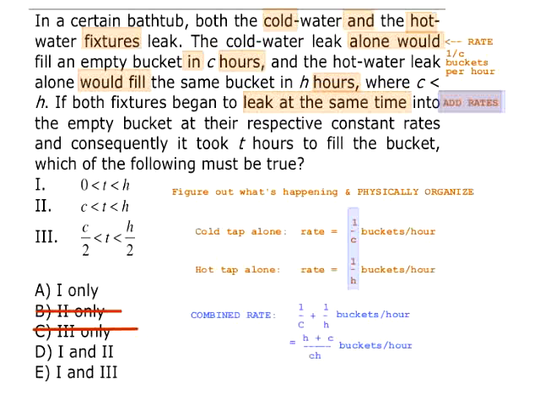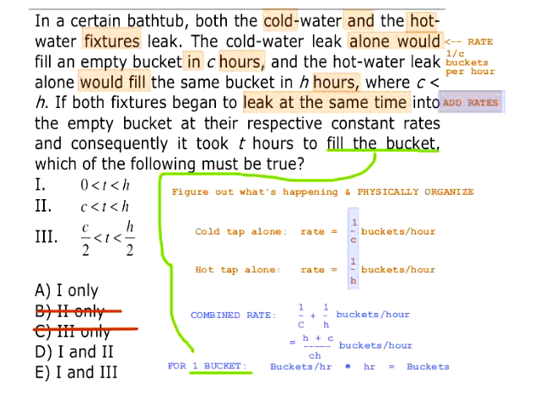Okay, picking values is just as good, sure. So then you have rate times time is for 1 bucket, which is what we want. So it's rate, buckets per hour, times hours equals buckets.